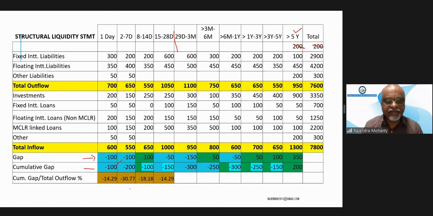Second one is 10, you have 30. Third one is 15, you have 18. So all three are in excess. The last one is 20, but you have only 14, so this one is within the limit. So basically, the bank requires to make arrangements of funds for these three immediately. This is not required to be made.